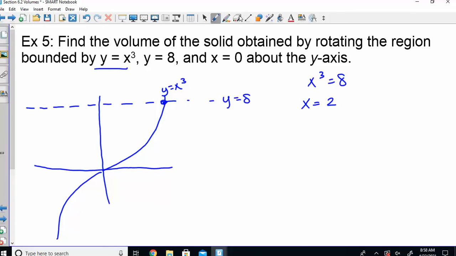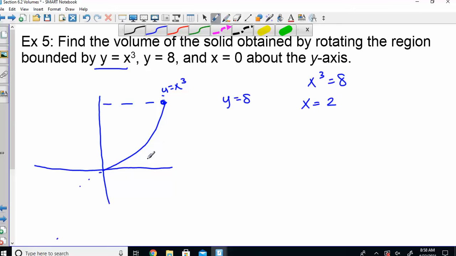So in terms of my solid, I am taking this section right here, and I am rotating that. I could rotate it around either axis, but I'm telling you you're rotating it around the y-axis.